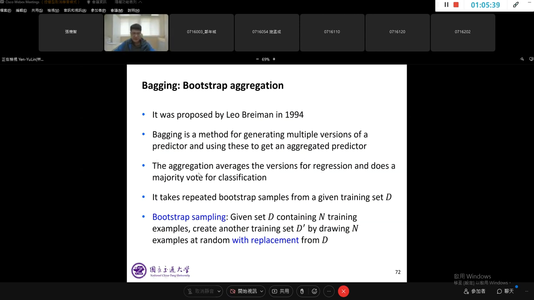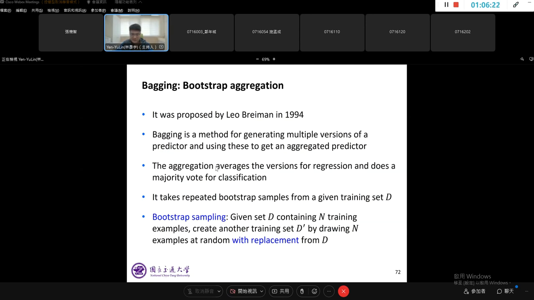The aggregation averages the versions for regression and uses a majority vote for classification. We know decision trees are developed for either regression or classification. For a regression problem, if there are multiple decision trees, how do we compute the output for an individual input data point? We feed this data point to multiple decision trees. We will get multiple regression values, one value from each single decision tree.